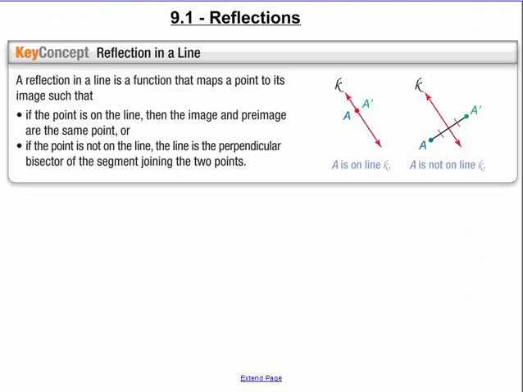Okay, so reflections. A reflection is a line that maps a point to its image. In this case, the original, what I like to call the original, is called the pre-image.